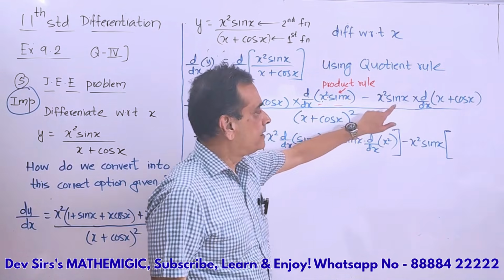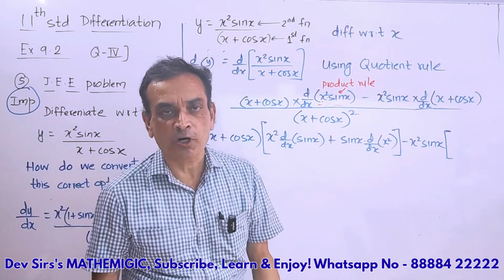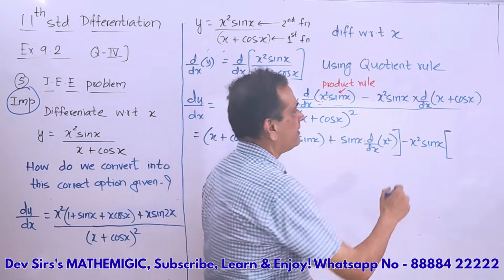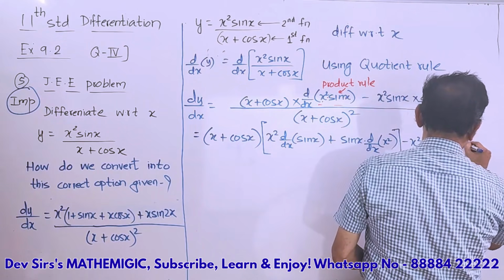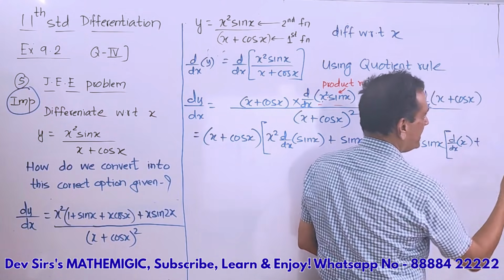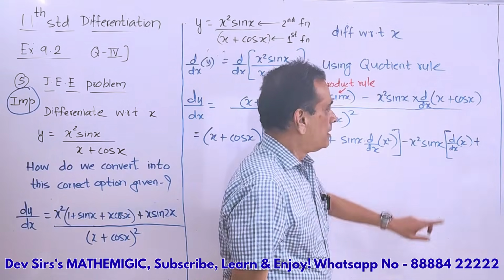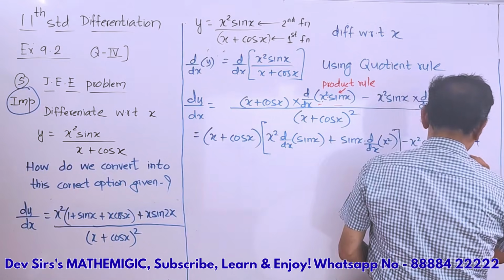Now over here it is x plus cos x. So x plus cos x means no need to use the product rule. Just take d by dx inside the bracket and expand. d by dx of x plus d by dx of cos x.